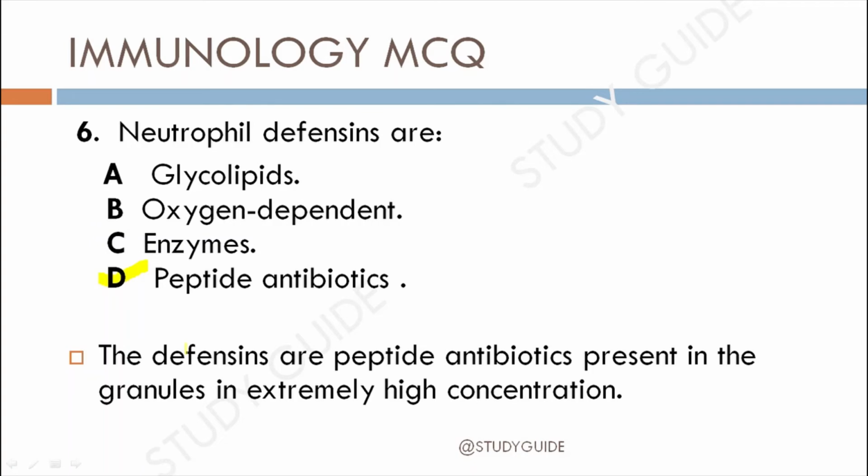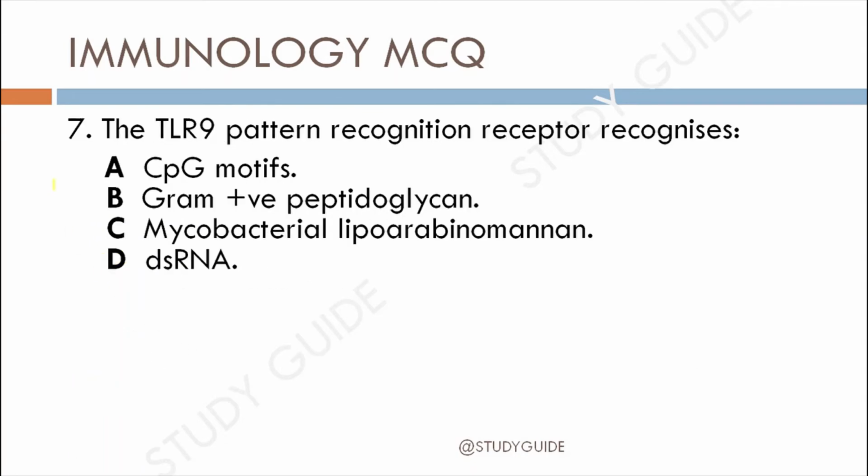Let's move toward the seventh MCQ. In this MCQ, you should have knowledge of the toll-like receptors. The question is: the toll-like receptor TLR9, a pattern recognition receptor, recognizes what? Is it a CpG motif, gram-positive peptidoglycan, option C mycobacterial lipoarabinomannan, or option D double-stranded RNA?